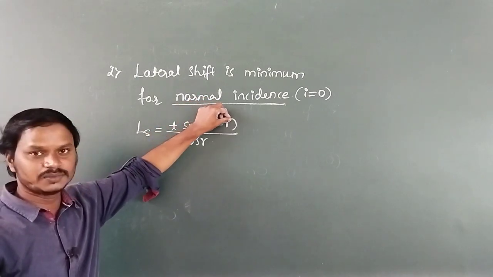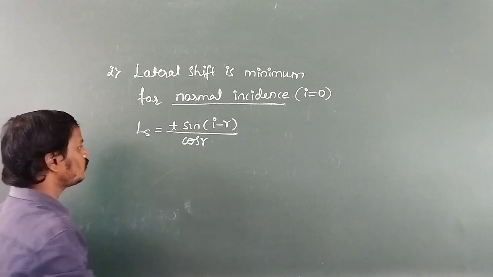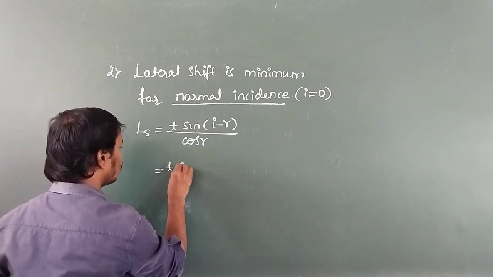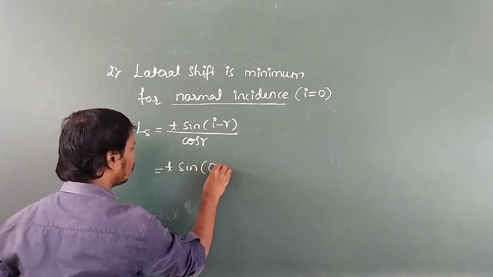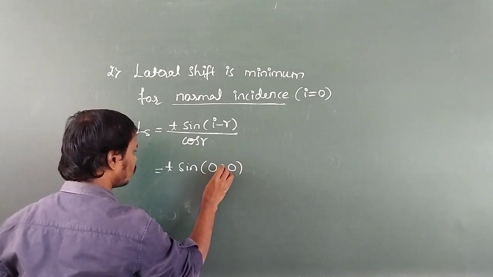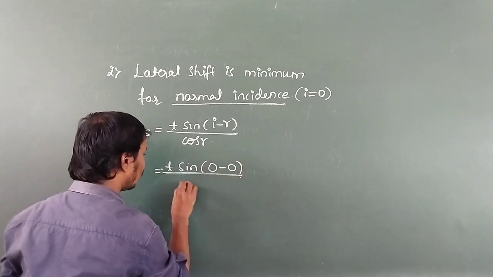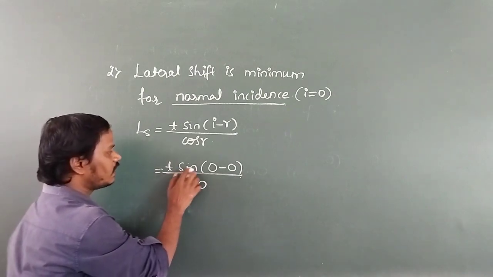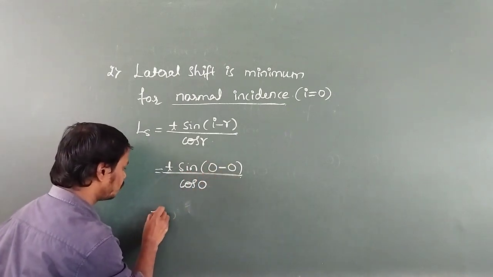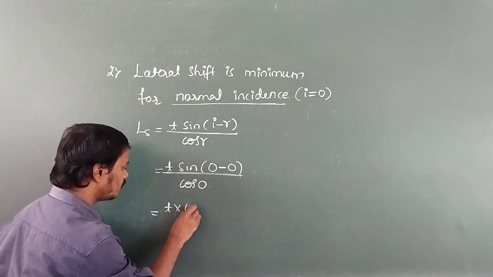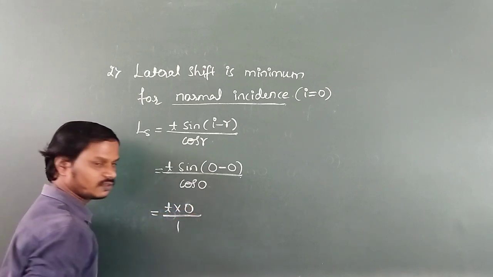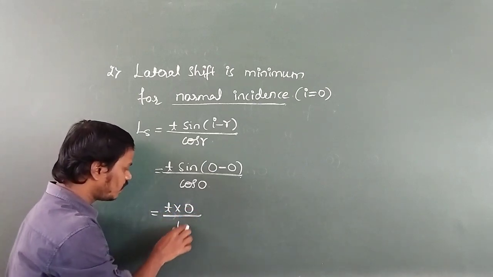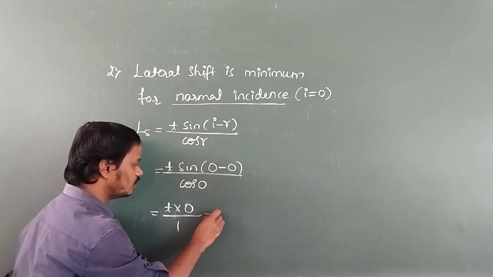Then 0 minus 0 is again 0. T into sin(0 minus 0) whole divided by cos 0. Then sin of 0 is 0, and cos 0 is 1. So 0 by non-zero, that is again 0.